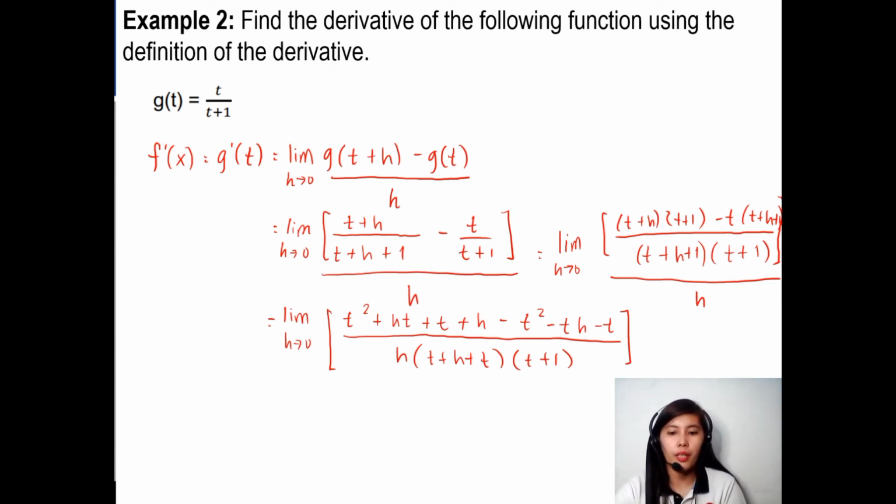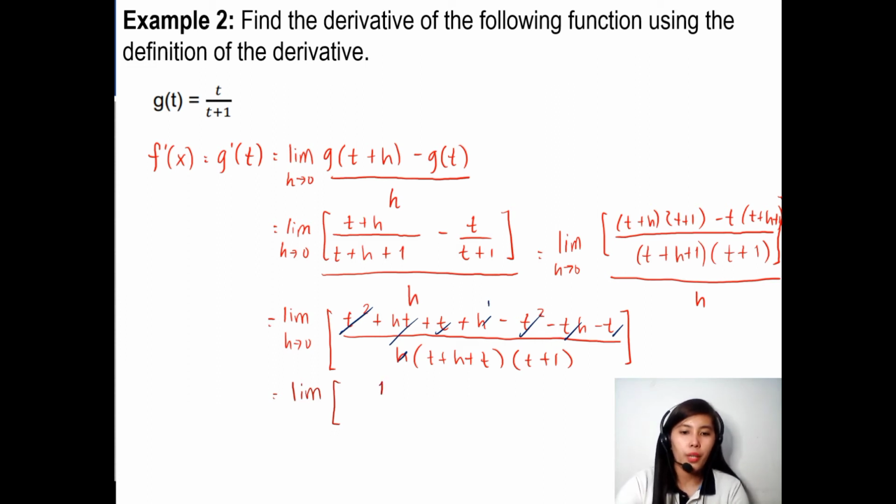As you can see, we can cancel out the t squared, the ht, and the t. So we have h only. We have remaining the limit of h, but this can be cancelled out because we have h here. We can have 1.